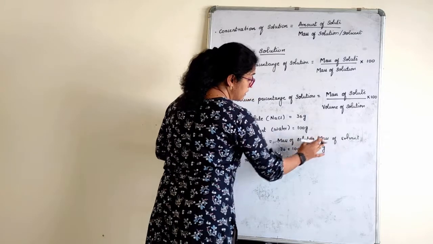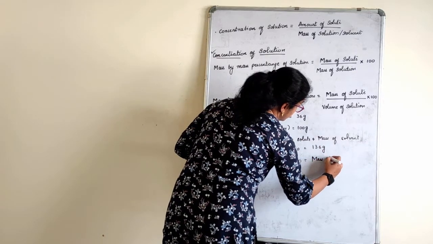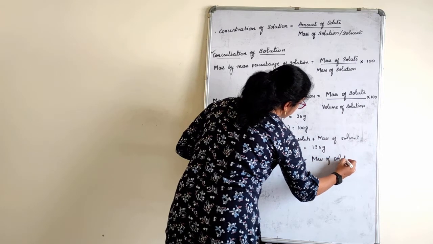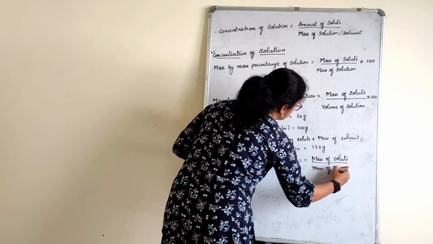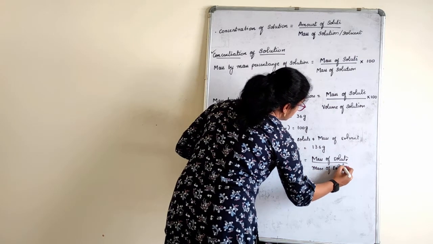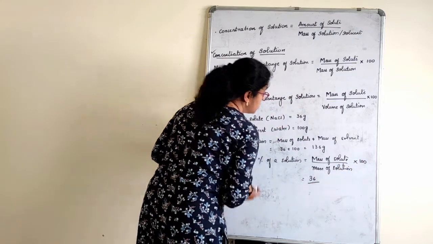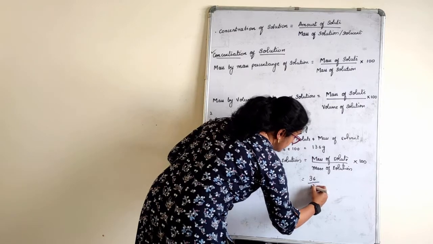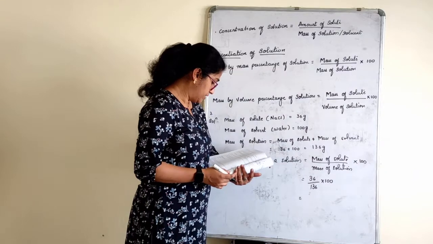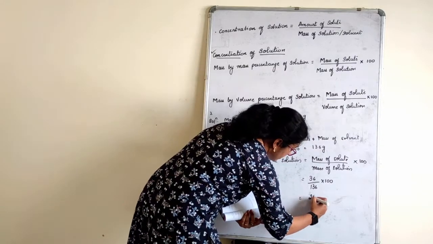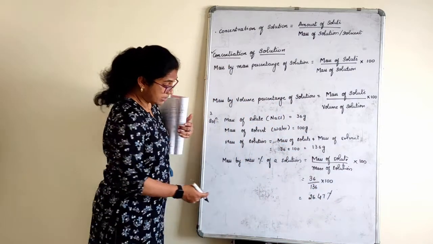That is whatever solute plus solvent what you get, is equal to mass of solute divided by mass of solution into 100. Solute is 36, solution is 136 into 100. Direct answer I am giving here after division. What you get is 26.47%.